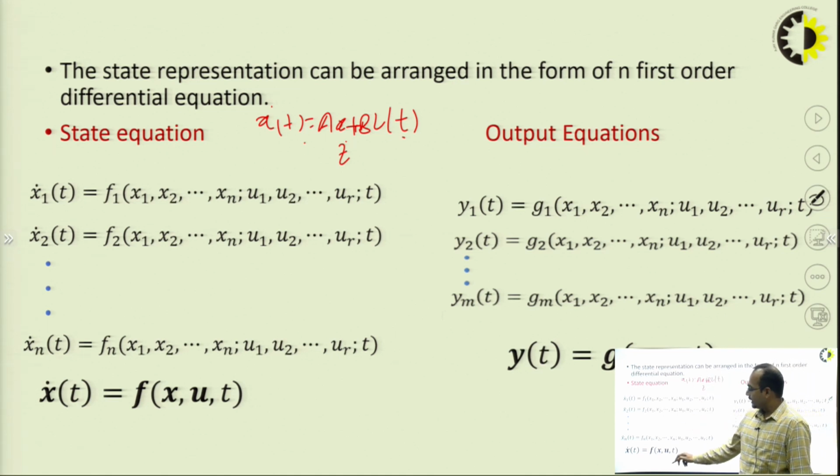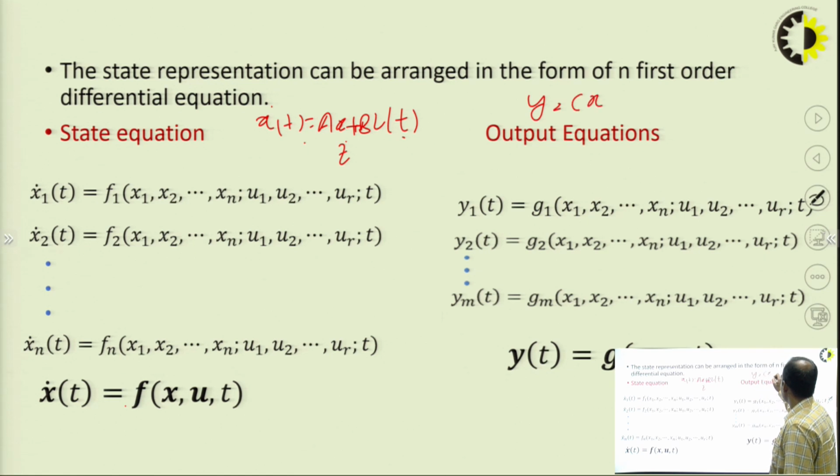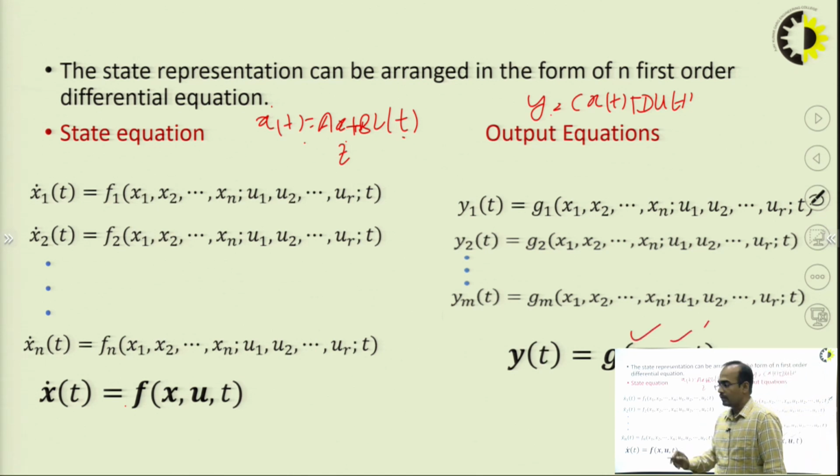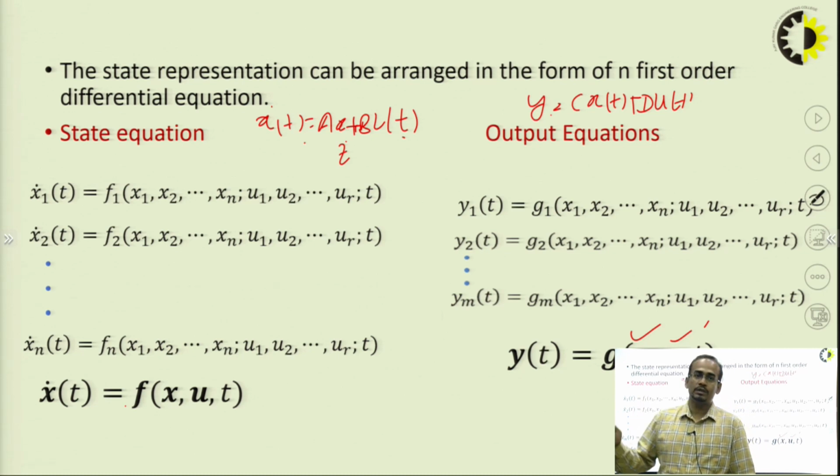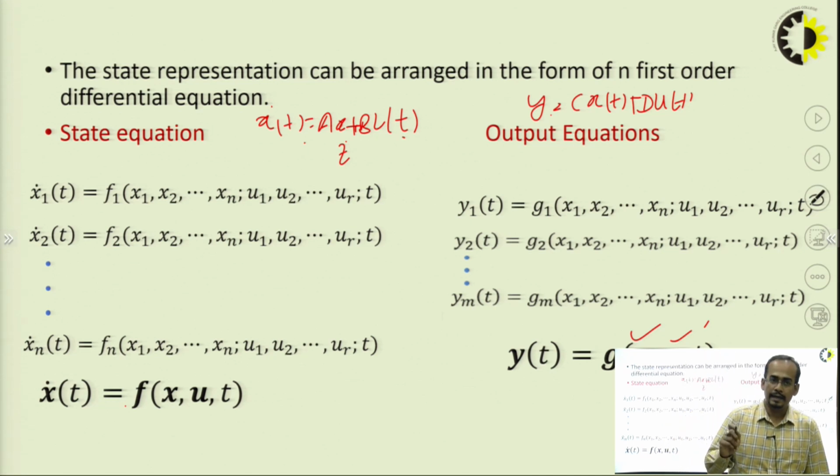So you can write x dot t is a function of x, u and t. Similarly, y is equal to C x(t) plus D u(t), so again it is clear from this, y is a function of x, u and t. So both the equations, the state equation and the output equation, are functions of input, state variable and time.